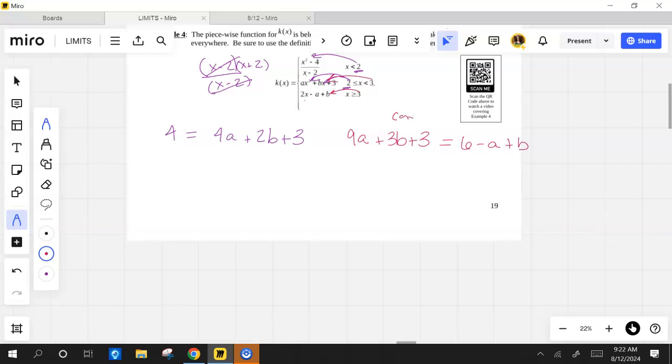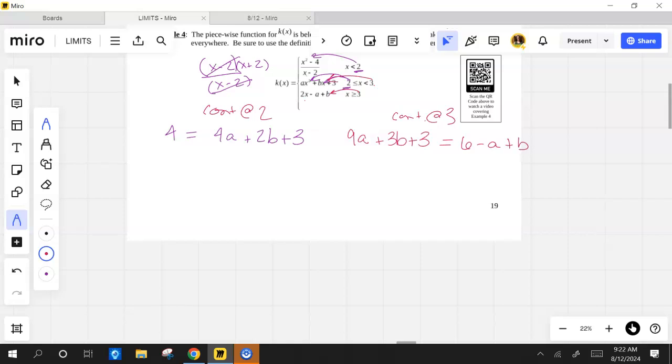This is the continuity at 3. This is the continuity at 2. Okay? These are 2 different equations. I have to find A and B, y'all. Gross. I've got a system of equations here.